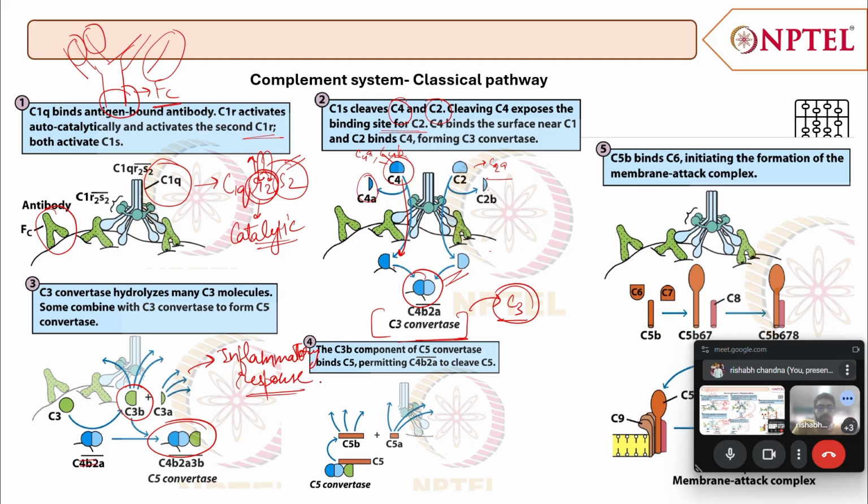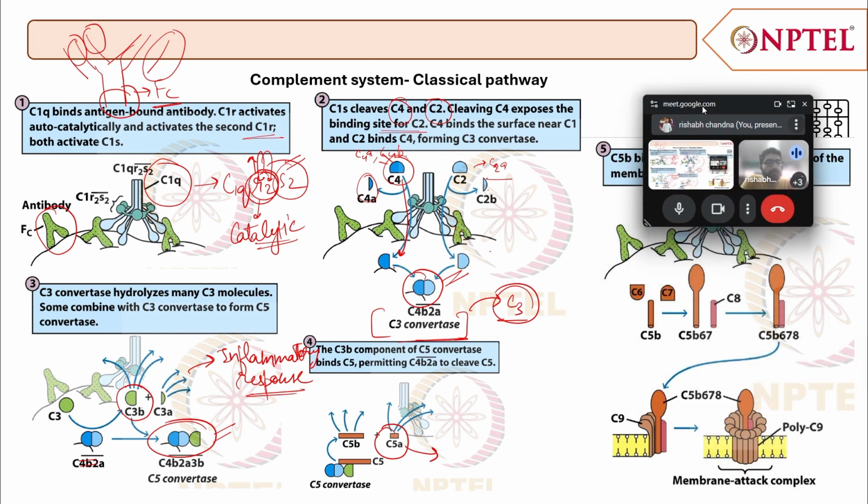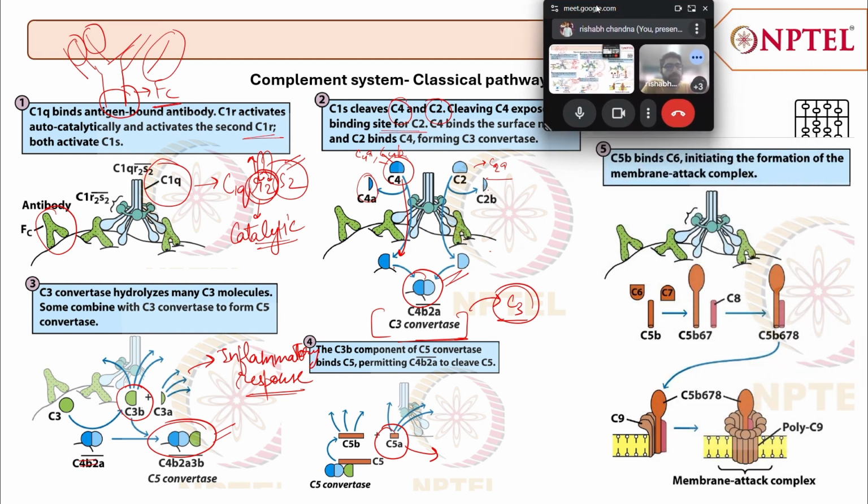Now the C3b component of the C5 convertase binds to the C5, and now it will cleave C5 into C5b and C5a. Now C5a will lead to the inflammatory response or the recruitment of the phagocytes, and C5b will help in formation of the membrane attack complex.